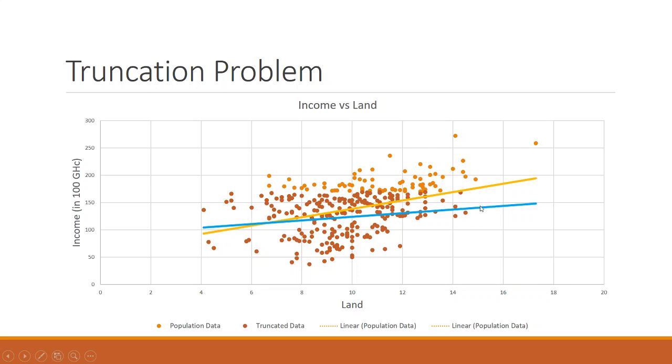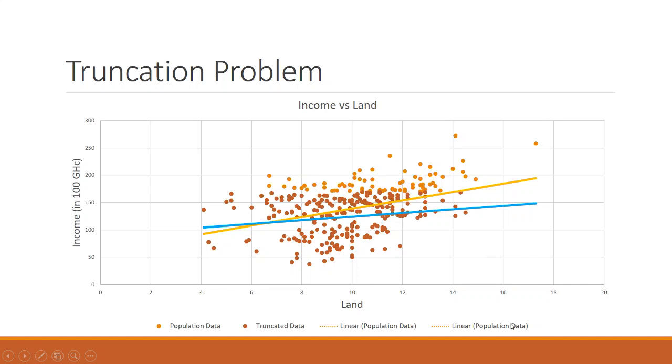All right, and so if we fit a regression model, but we don't have the information in orange, we only have the information in brown, when we fit that regression model, we're going to get a different line. And so what you see here in blue is the estimated regression curve.